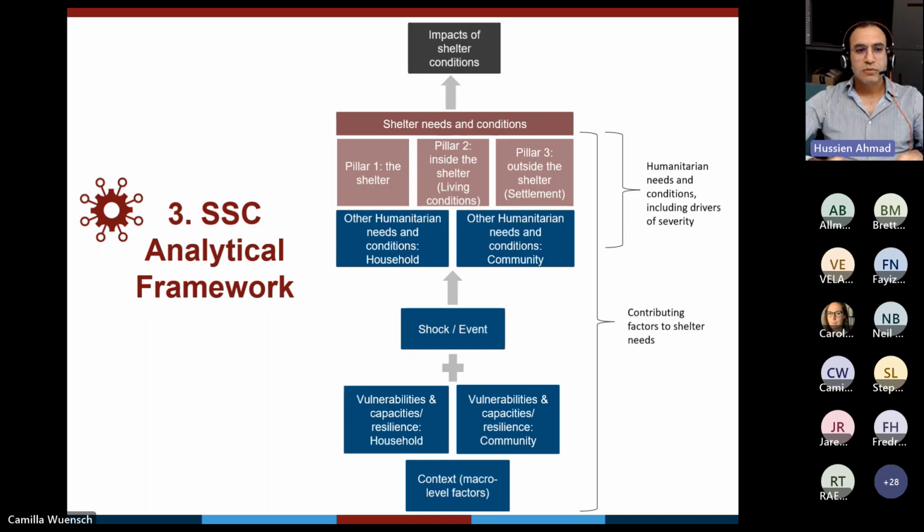That's why the shelter component will be translated into technical language: the shelter itself, the dwelling; inside the shelter, the living conditions; and outside the shelter, the settlement approach.